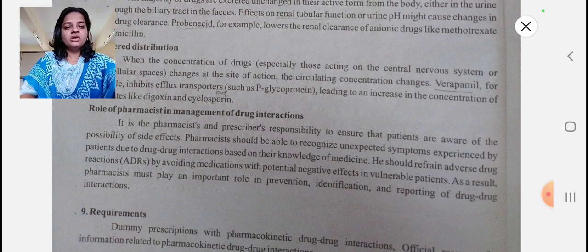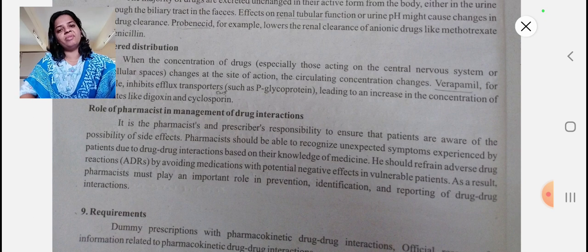The pharmacist should prevent adverse drug reactions by avoiding medications with potential negative effects in vulnerable patients. So pharmacists play an important role in the prevention, identification and reporting of drug interactions. This is the role of the pharmacist in the management of drug interactions.